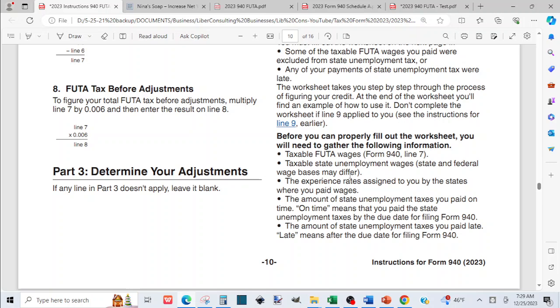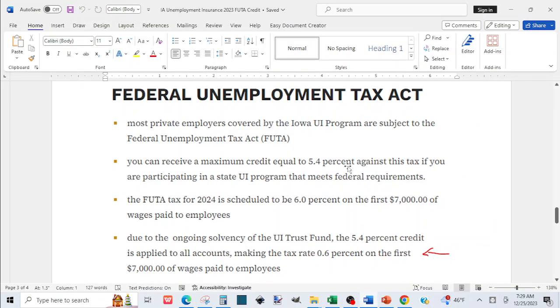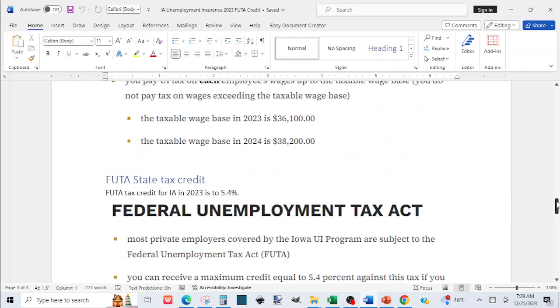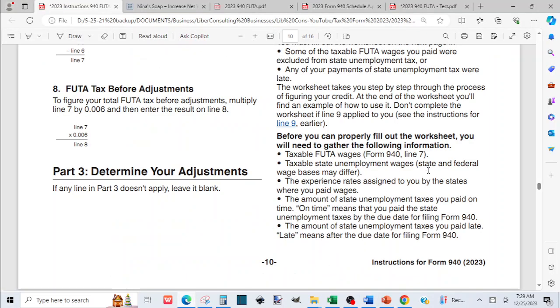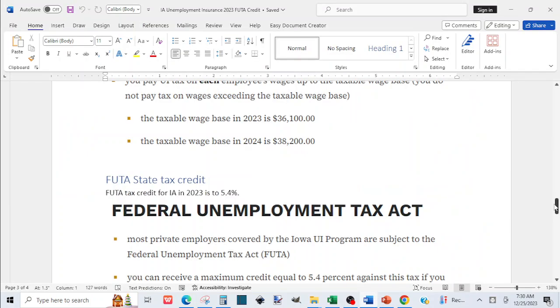For instance, for Iowa it is 36,100, and for the federal it is 7,000. So you need to know the state unemployment wages and the experience rate assigned to you by your state, and that is different as well.